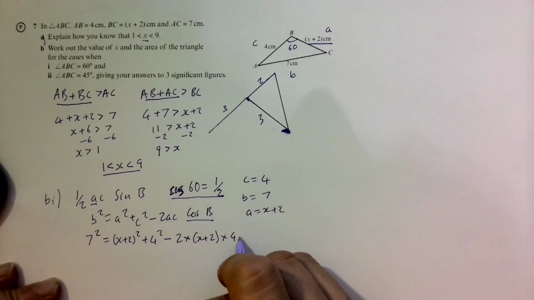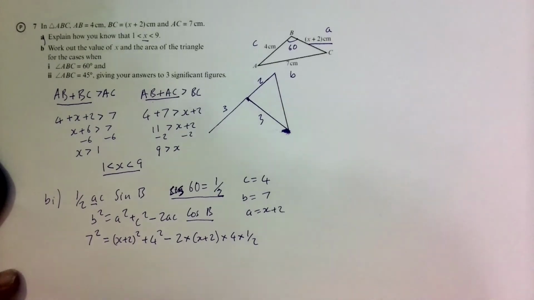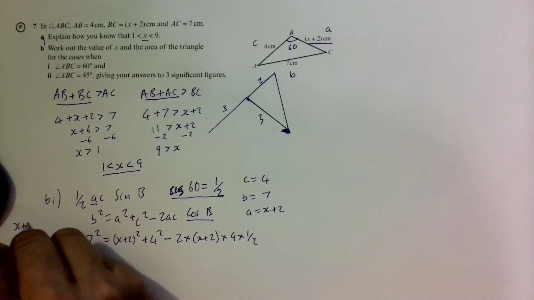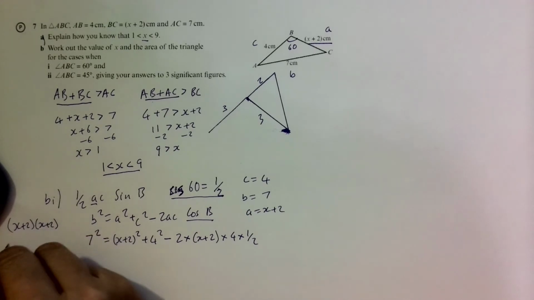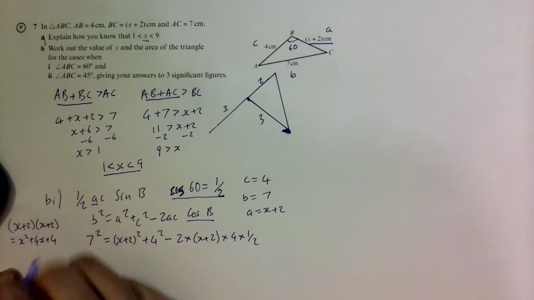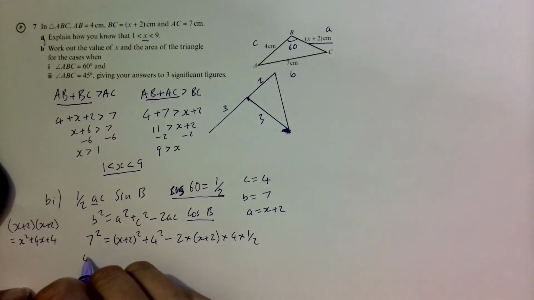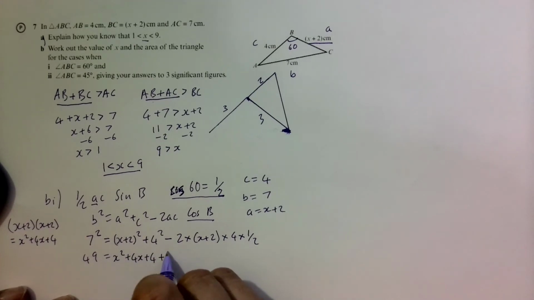Now cos 60 is a half, so times a half. Now let's simplify that. Now you should be able to do this very quickly. Remember, x plus 2 squared is x plus 2 times x plus 2, which is x squared plus 4x plus 4. So we get 49 equals x squared plus 4x plus 4 plus 16.